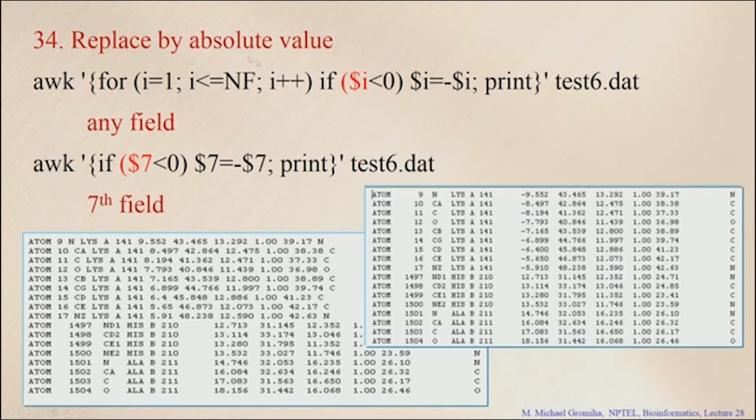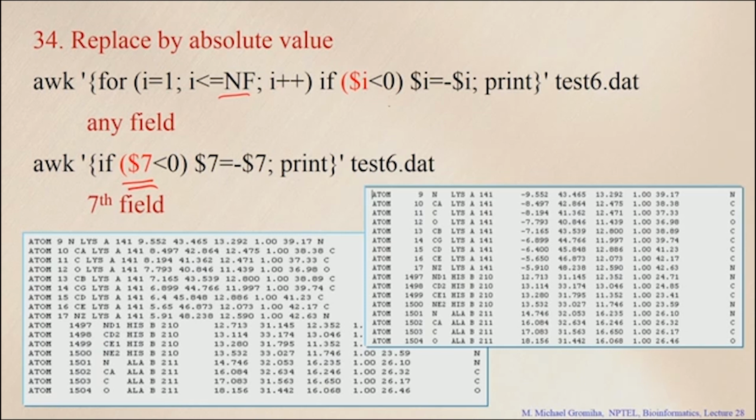For example, if you want to replace with the absolute value, so we do not want to have these negative values, you want to see the absolute values for any field. So, for i equal to 1 to NF, what is NF? Number of fields. If you want to do it for any particular field, you have to give that particular field, say 7th field. If you want to do it for all of them, then you give i equal to 1 to NF and i plus plus, right.